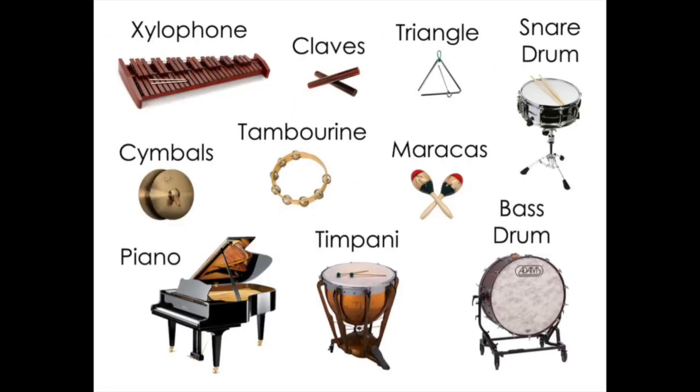Now it's time for the percussion family. So many instruments in the world can be put in this family, and some of them are very similar, and some of them are very different. What qualities do these instruments possess that would cause them to be put into the same classification or the same category or family?